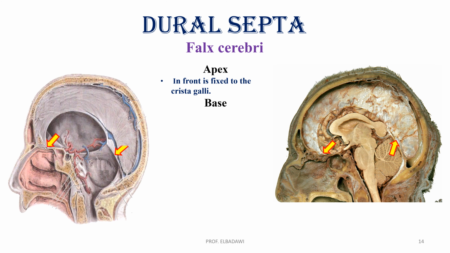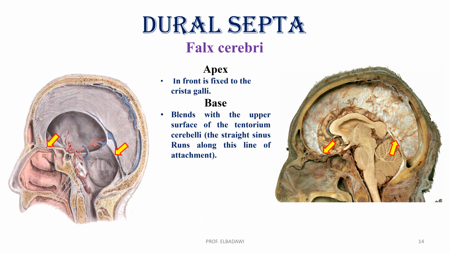It has a base, that is the base here, attached to the upper surface of the tentorium cerebelli, where the straight sinus will be running between the base and the tentorium cerebelli. That's where the vein will be found here.